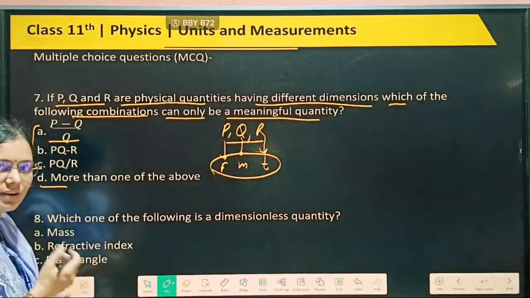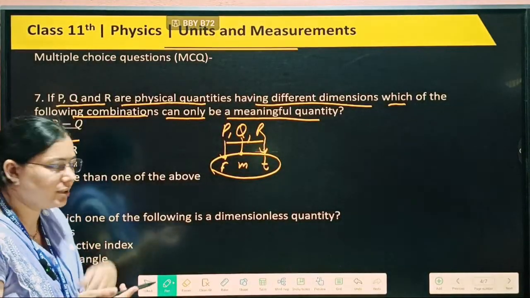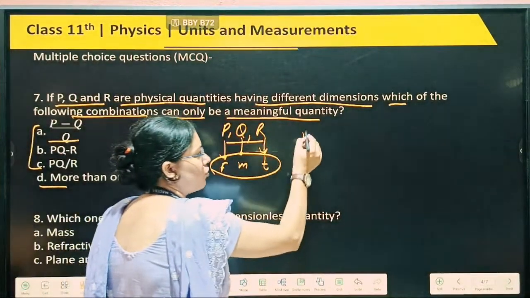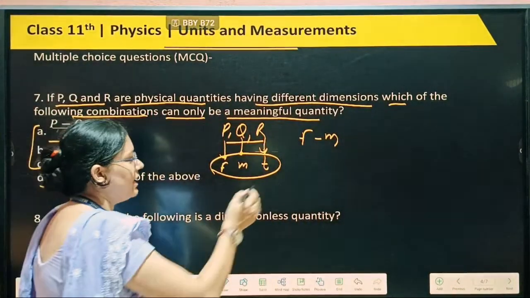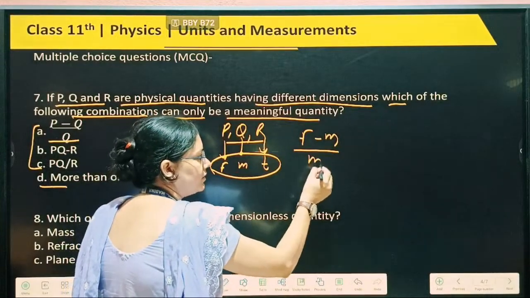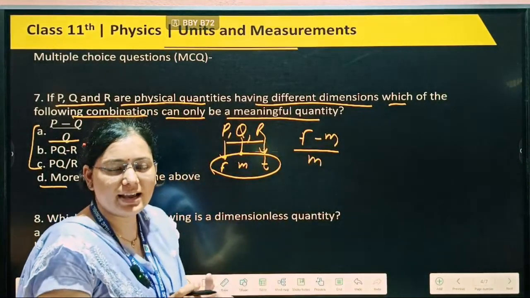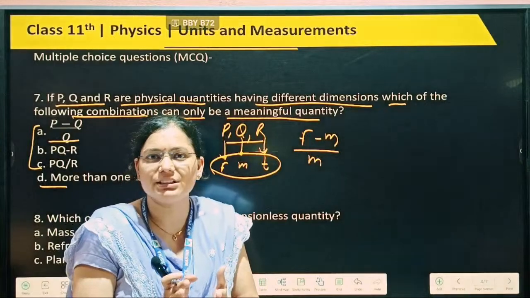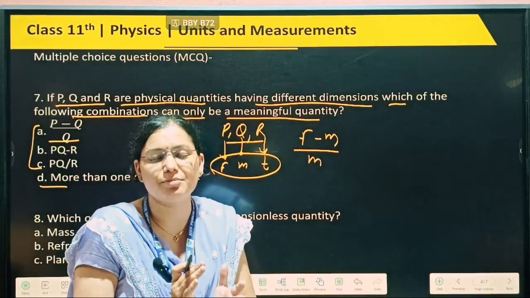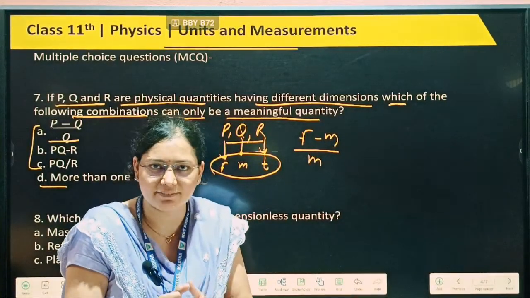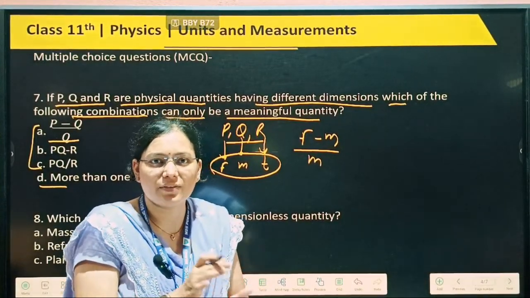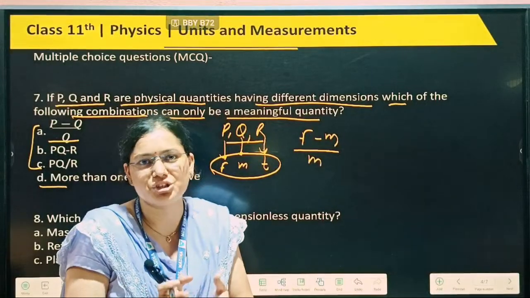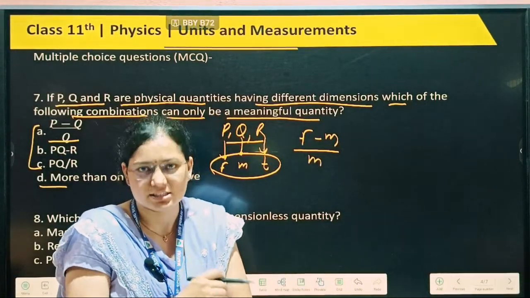Can you subtract one different unit from another, such as force minus meter? No, because we can add or subtract only quantities with the same dimension, the same unit. If quantities have the same dimension, we can add them; if different, we can't add or subtract.